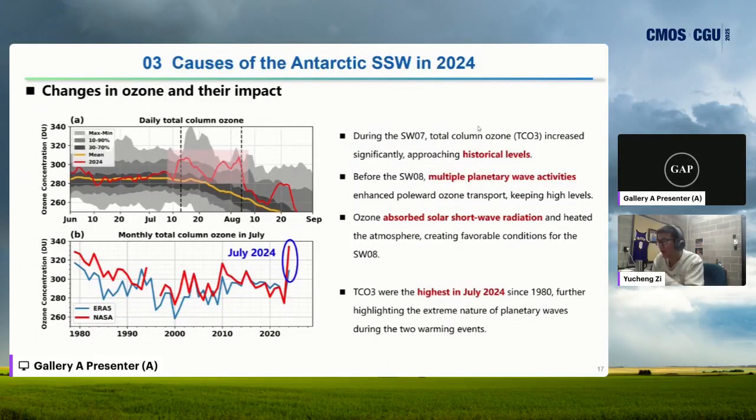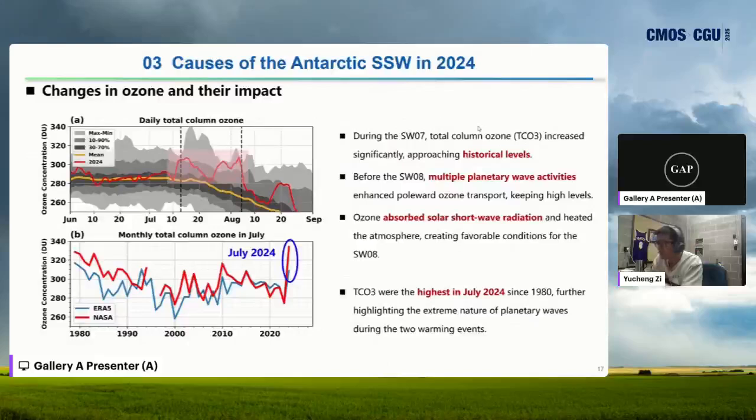As we all know, ozone can absorb shortwave radiation and heat the stratosphere, creating a very favorable condition for the August SSW.